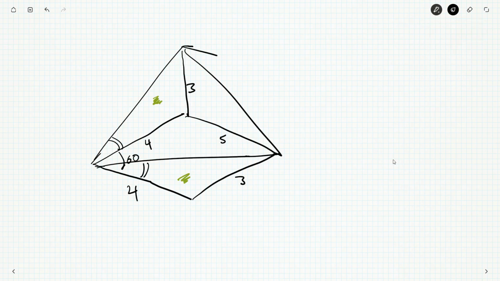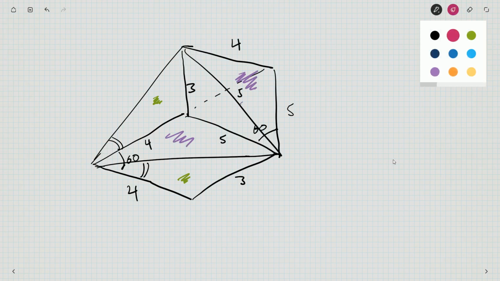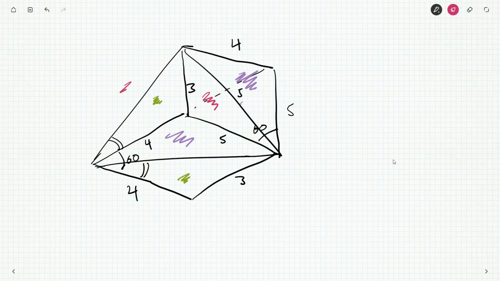Similarly, we can sort of put a triangle out here by 60 degrees. This is 5. This will be 4. This is 5 here. And now the purple triangles are the same. And we can do the same thing with red triangles.